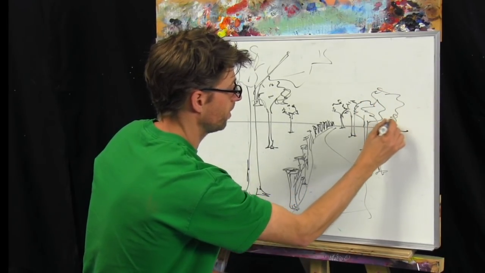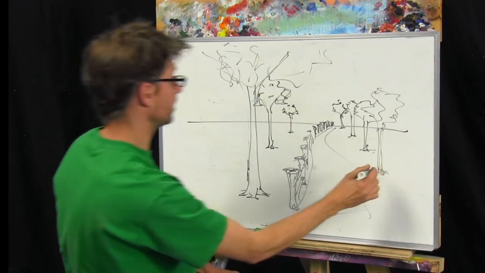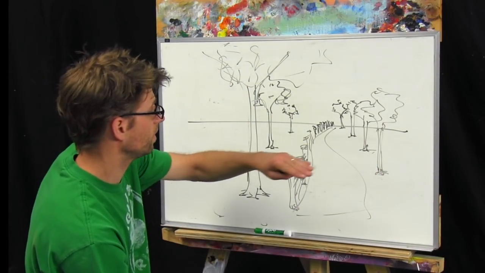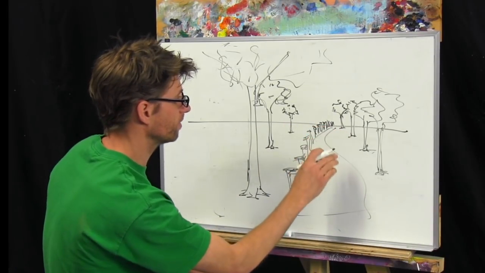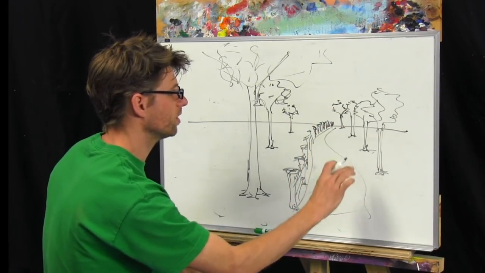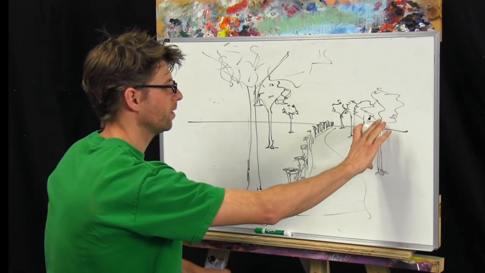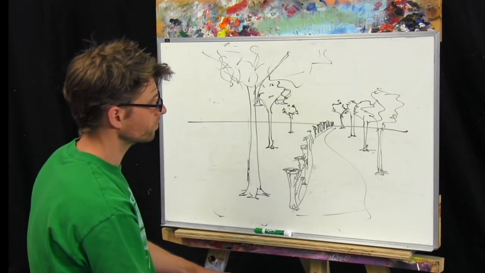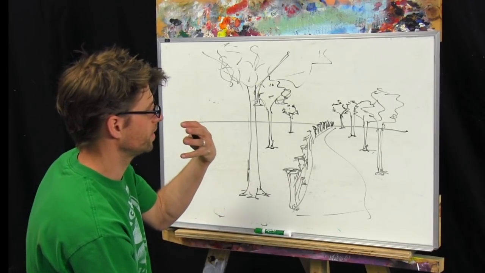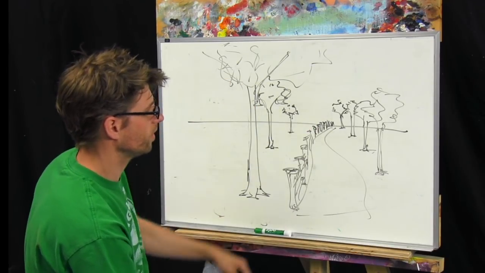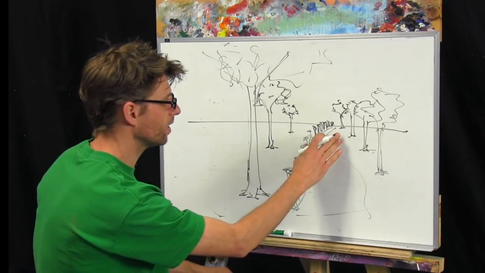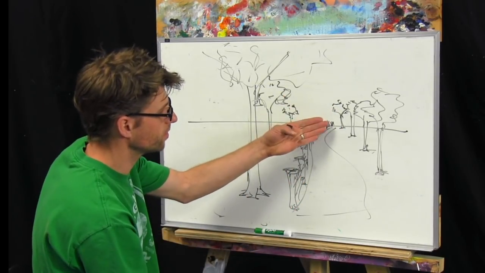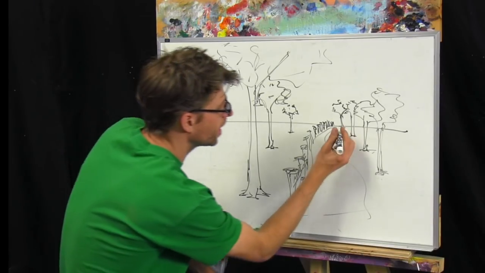I'm definitely making it get smaller as it gets further away, but this is really affecting my perspective and my picture because I'm changing the relationship to the horizon each time I change distance. So to make my perspective look a lot more accurate, what I want to do is maintain that if this is 90% over the horizon, it means it's a very tall tree because this is eye level.